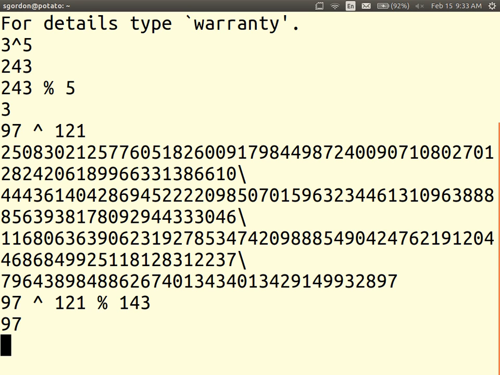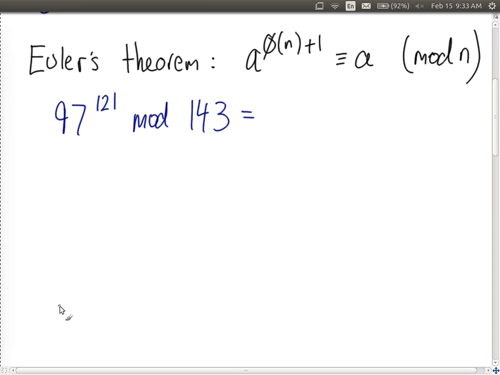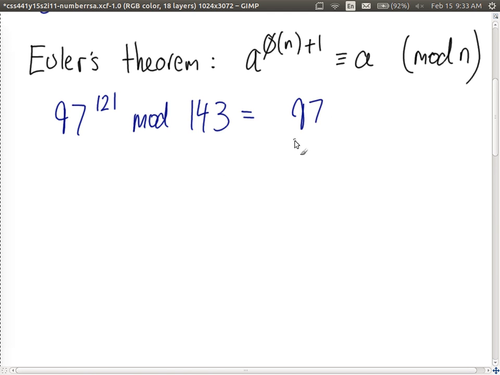Well, let's check and see whether this matches Euler's theorem. If we do it the manual way, we find it's 97. But why is that? Well, Euler's theorem: some integer to the power of the totient of n plus 1. If we mod by n, we should get that integer a back.